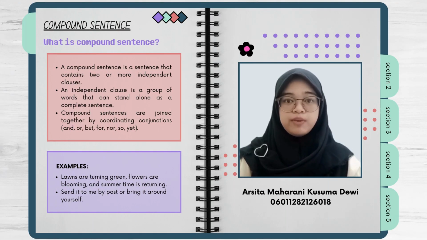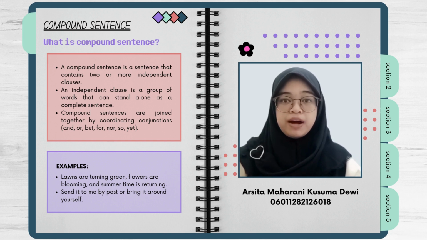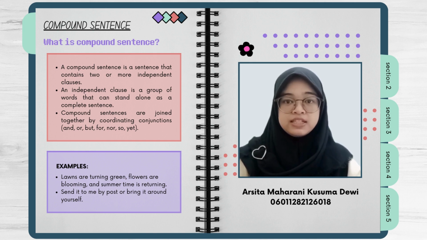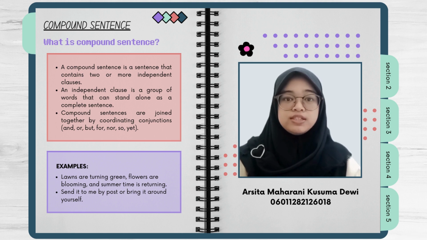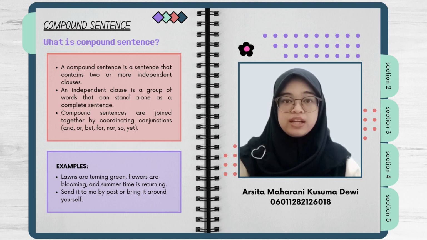I will explain about compound sentences. What is a compound sentence? A compound sentence is essentially two or more complete sentences joined together by coordinating conjunctions such as and, or, but, for, nor, so, yet, etc., to create a more complex sentence.